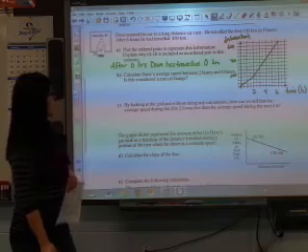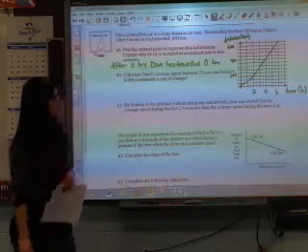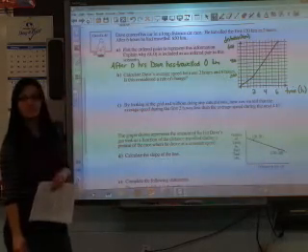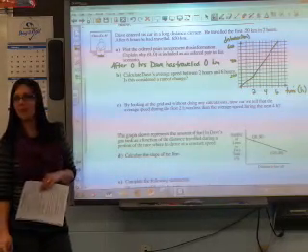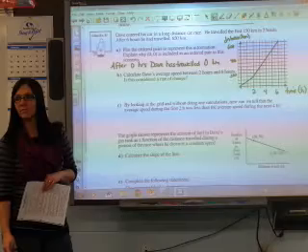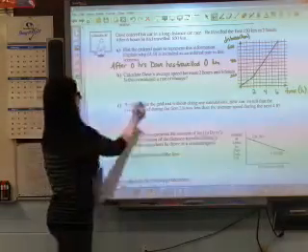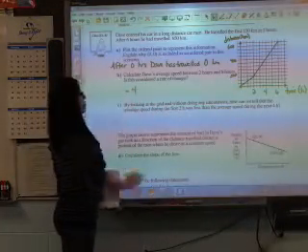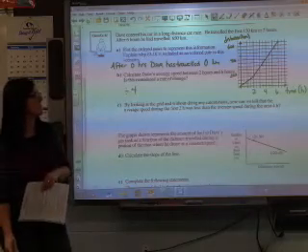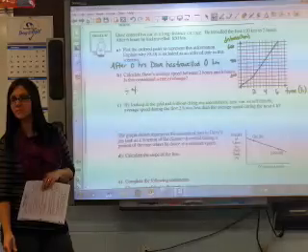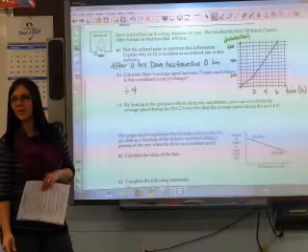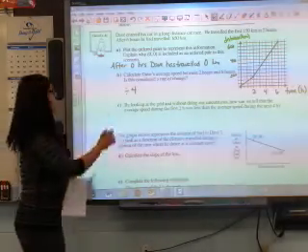Calculate Dave's average speed between 2 and 6 hours. So his speed between 2 and 6 hours, how many hours is that? 4. 4. And how much distance did he cover in the 4 hours? How do I figure it out? 650 minus 150.